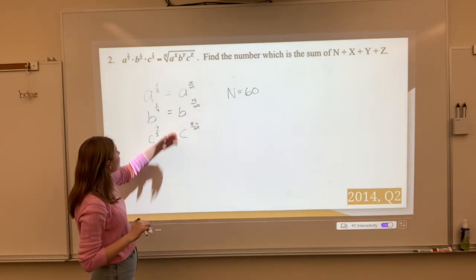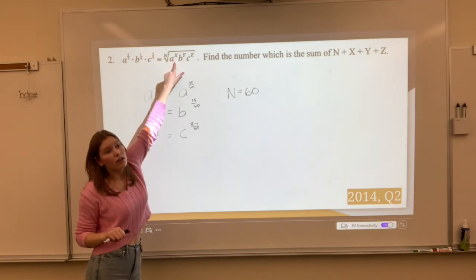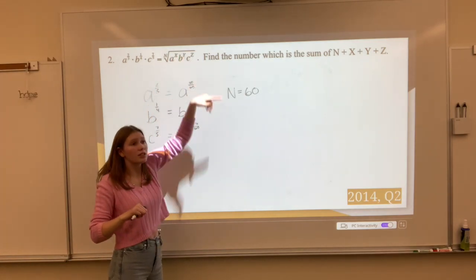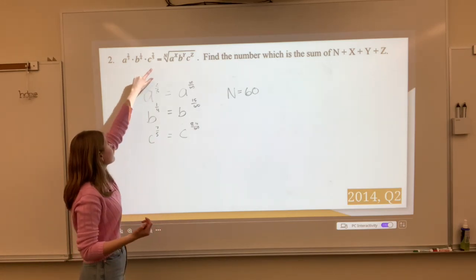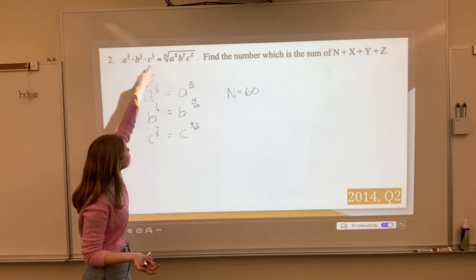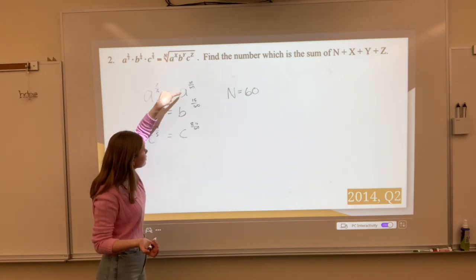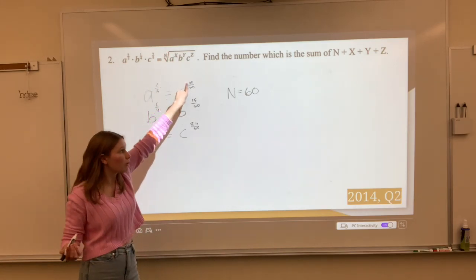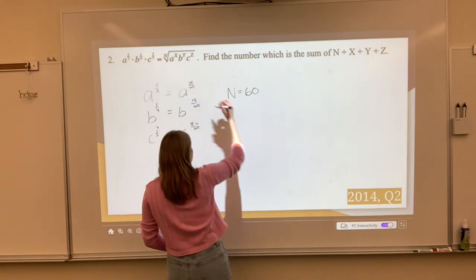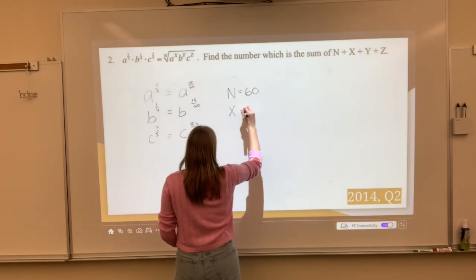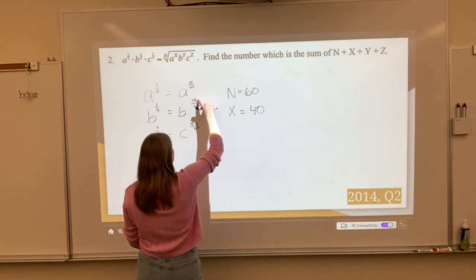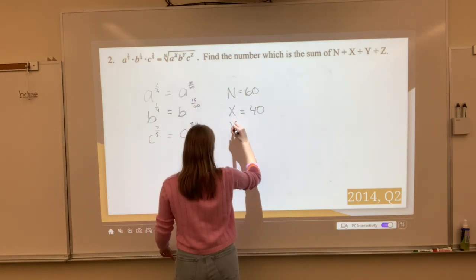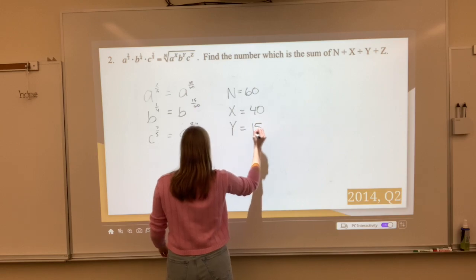Now we have a to the x. Well, all of these numbers are going to be the numerator to which all of these numbers are raised. So we have a to the x, so that's going to be a to the 40th power. So we know that x is equal to 40. Same applies for the rest of them. The numerator of b is 15, so we know that y is 15.